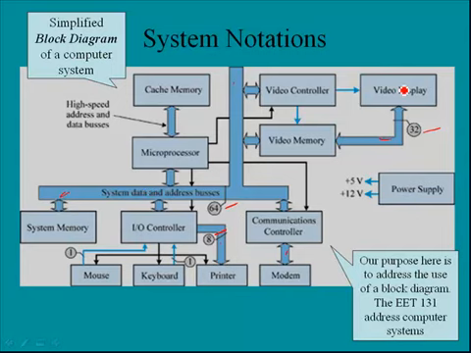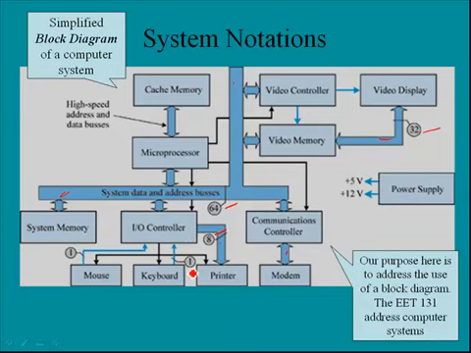In the same manner, here we have a 32-bit bus, and this is moving data between video memory and the video display. Down here we have an 8-bit bus that's moving data between the I/O controller and the printer.